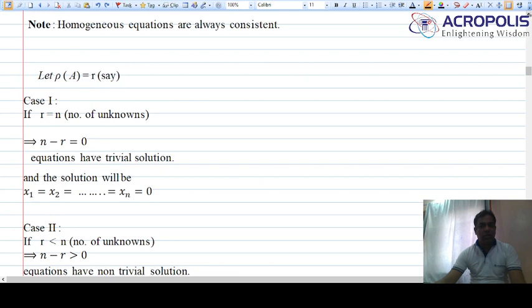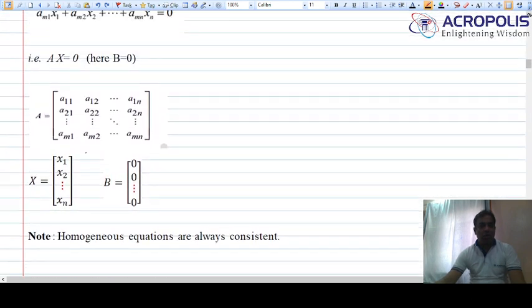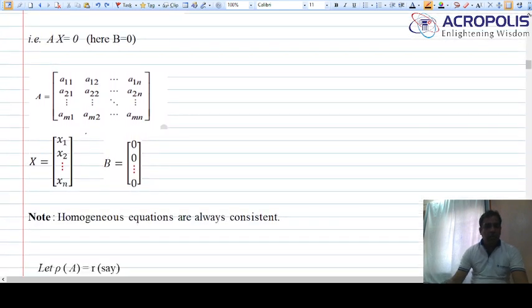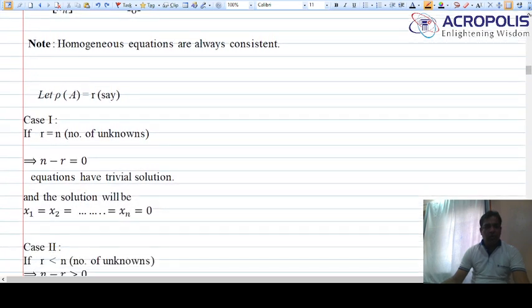Homogeneous equations are those in which the right hand side constants of these equations are 0, and by this we have discussed that homogeneous equations are always consistent. That means they have a solution, and solutions are of two types. First is the trivial solution, the other one is the non-trivial solution.